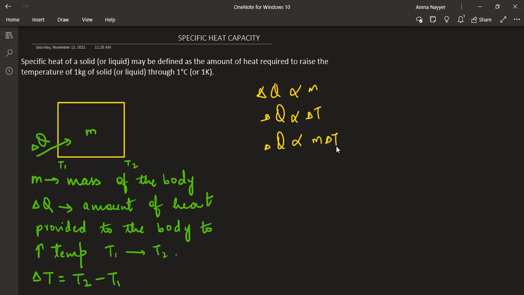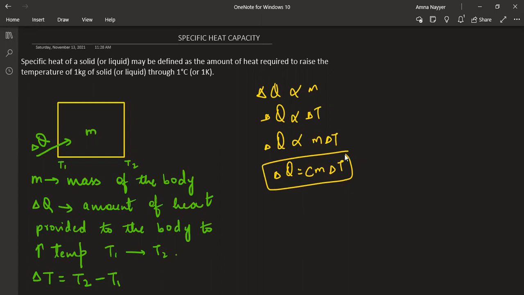So same way here also, the constant that will come here, delta Q will be equal to Cm delta T. So this is the entire formula that we get. Delta Q is equal to Mc delta T. Everywhere we will be using Mc delta T.